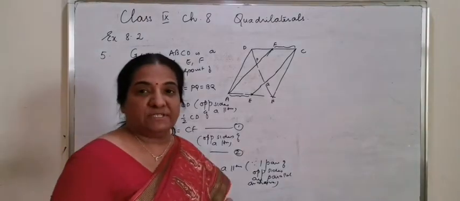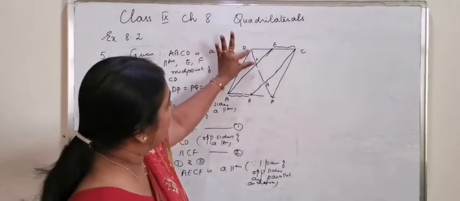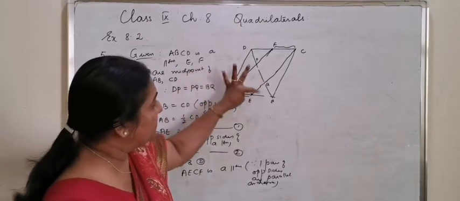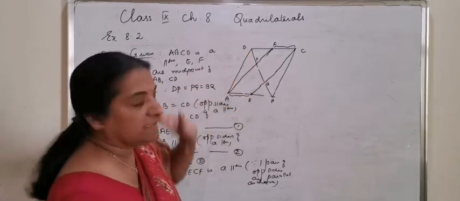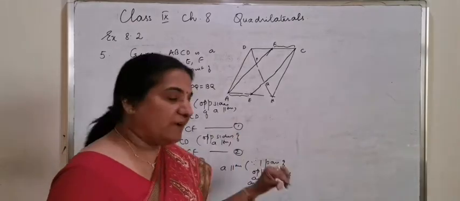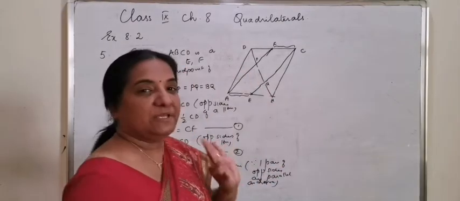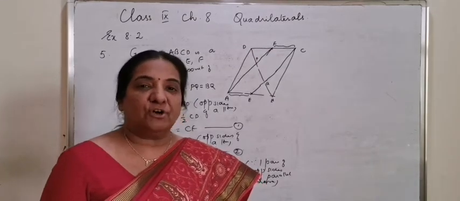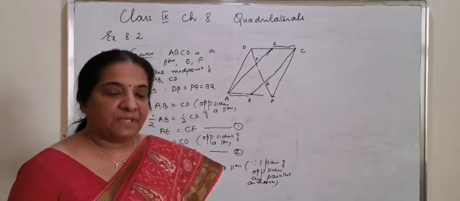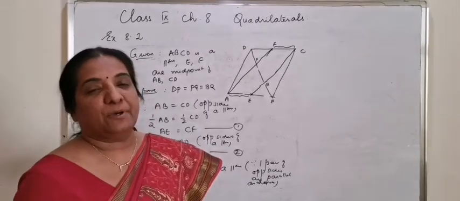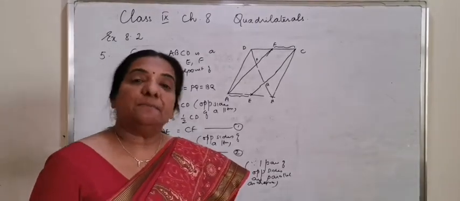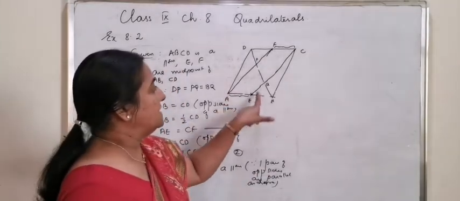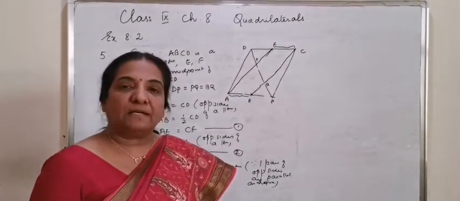Why did we prove this? We can prove DP is equal to PQ from the triangle in which the side is concerned, and we have to prove PQ is equal to BQ from another triangle, by the application of converse of midpoint theorem. And in the converse of midpoint theorem, there should be a line parallel to the base. For that concept, we proved AECF is a parallelogram.